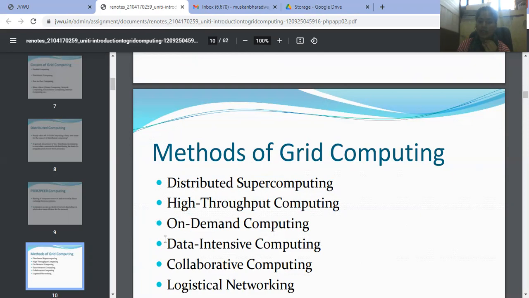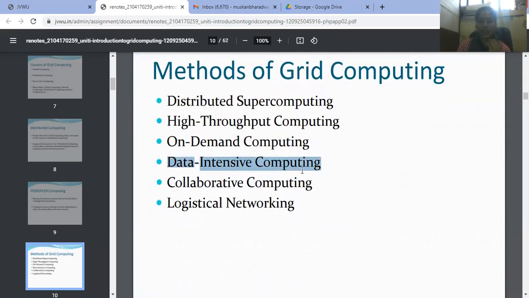Data intensive computing means you can upload, access or save a large amount of data, whatever the user wants to save.